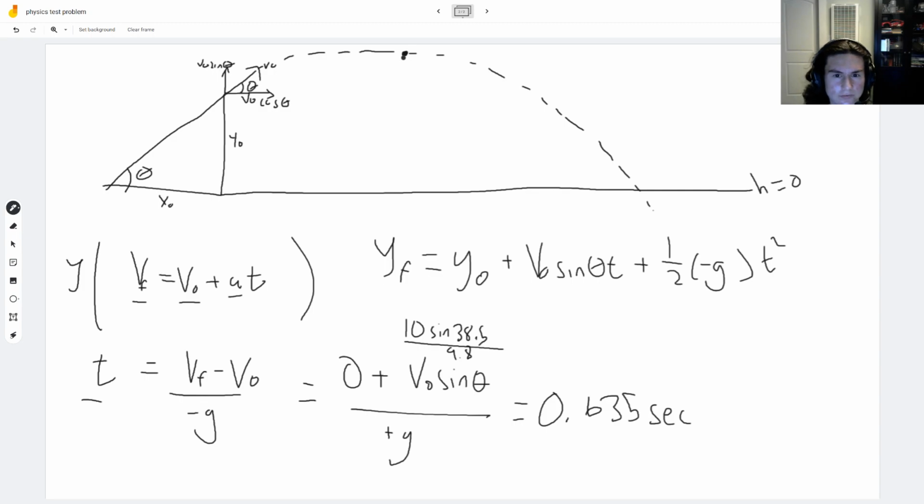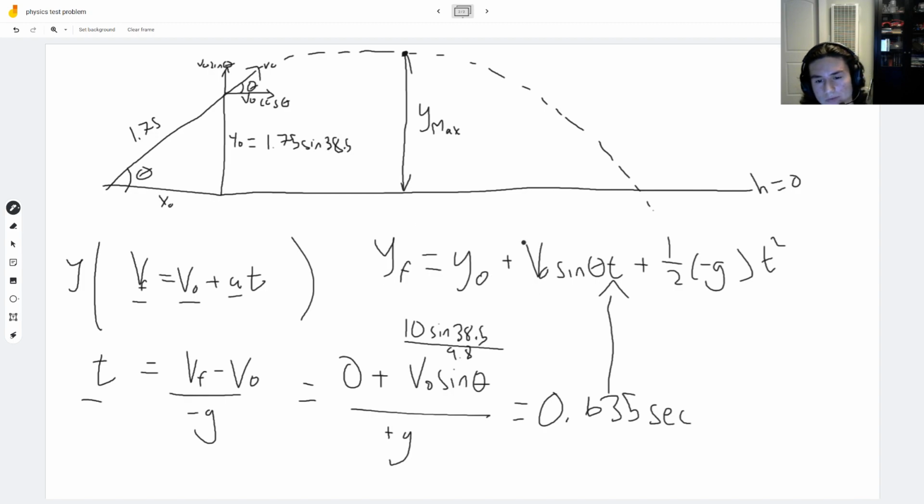But we're not asked for the time in the equation. We're asked for the height, or the y final, y max. I probably should have put max instead, but yeah, y maximum. So what I'm going to do now is take this value, plug it in for t in this equation, and solve for y. We already know what the y initial is because we know that this is 1.75 meters, so the y initial is equal to the sine portion of that, so that's 1.75 sine 38.5.